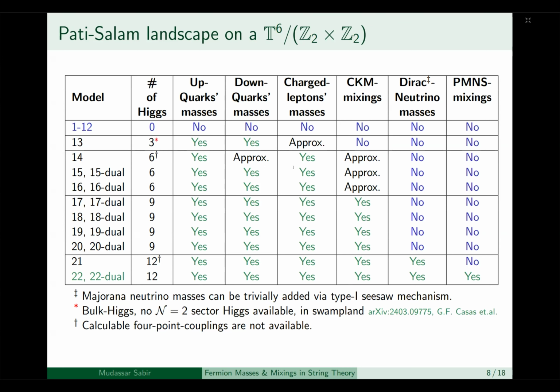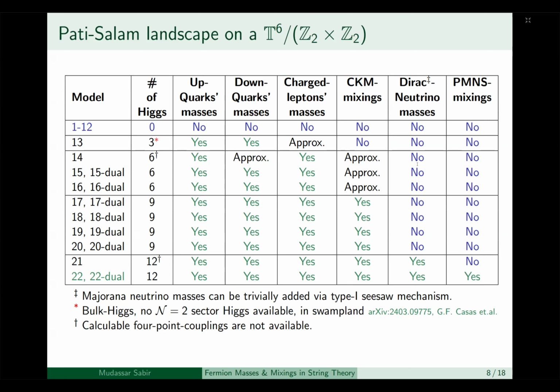With 4-point couplings, still, we cannot explain neutrino masses. The same is the case with the 9 Higgs models. We can explain quark masses, charged lepton masses, CKM mixings, but we cannot explain the neutrino sector. It is only for the models with 12 Higgs where we can also compute Dirac neutrino masses.